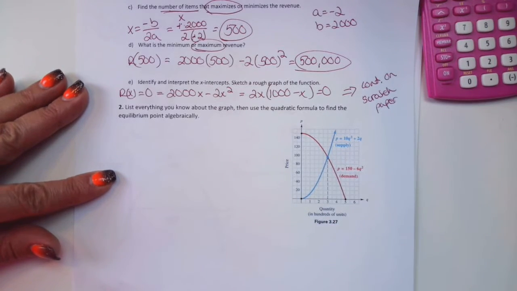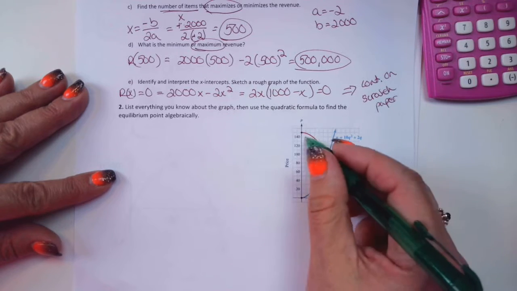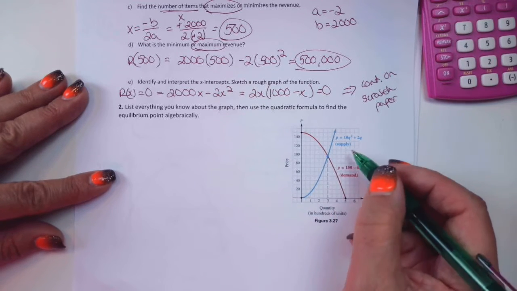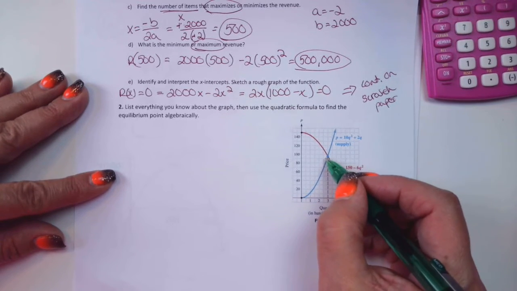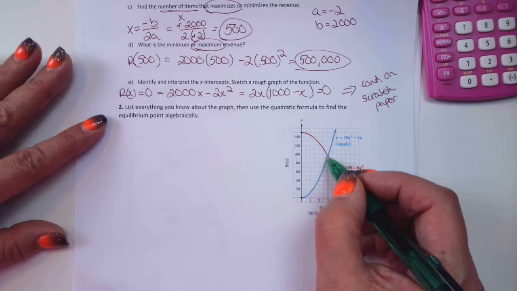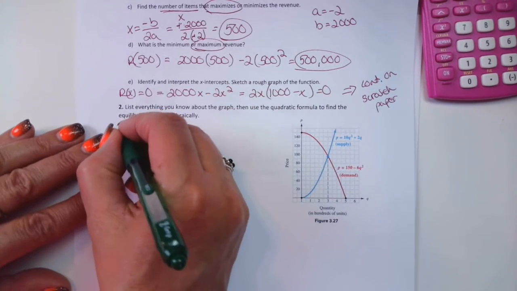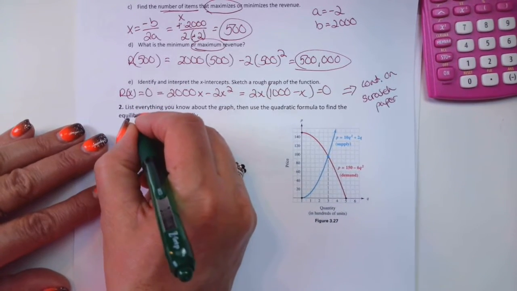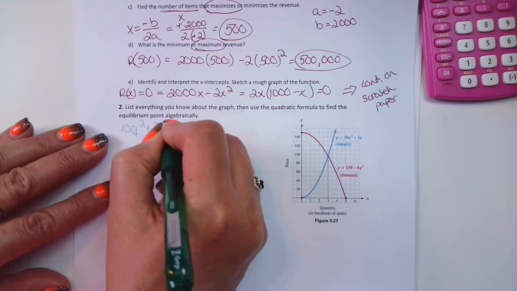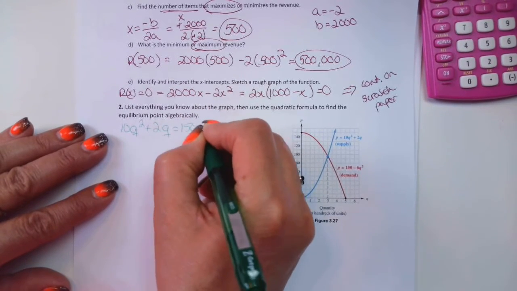We know that the blue line is the supply and the red line is the demand. So when the supply meets the demand, that is the equilibrium point. So our equilibrium point is going to be that supply equals the demand.